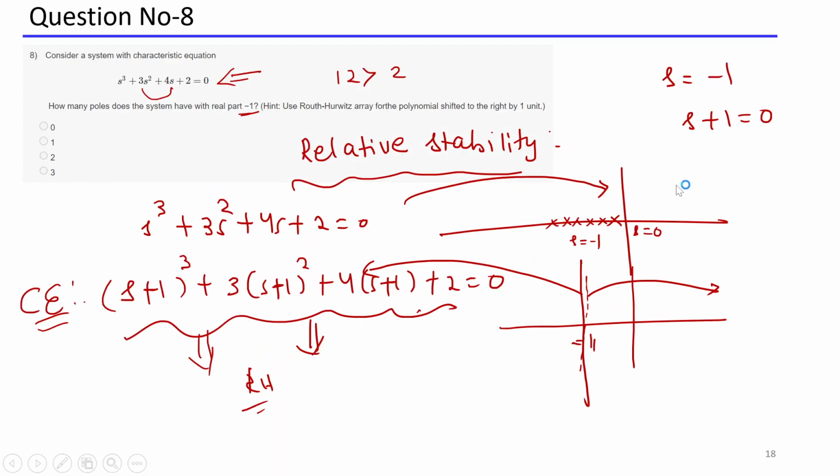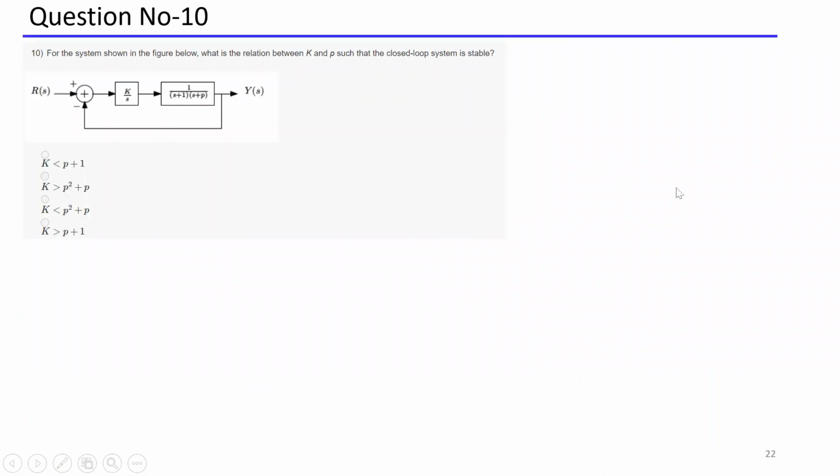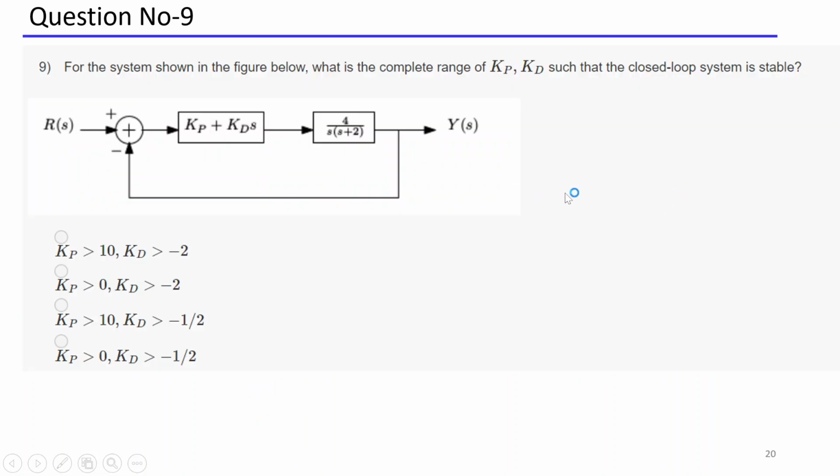Any other doubts? I have some other questions. Let me quickly solve this question. For the system shown in the figure, find the range of Kp, Ki such that this closed loop system is stable. For this question, you need to find the characteristic equation of the closed loop transfer function.